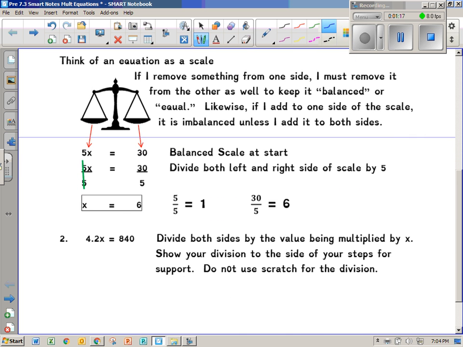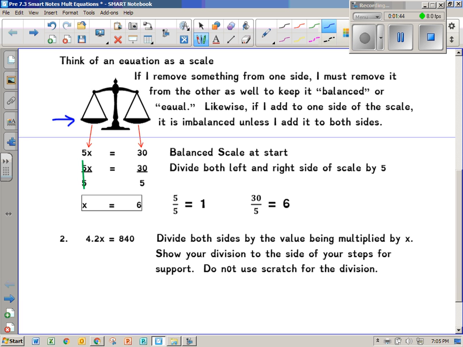If you think of an equation like a scale, the equal sign means the two weights on either side are balanced, at the same level. If you added something to one side, you'd have to add the same amount of weight to the other side, otherwise they would be lopsided.